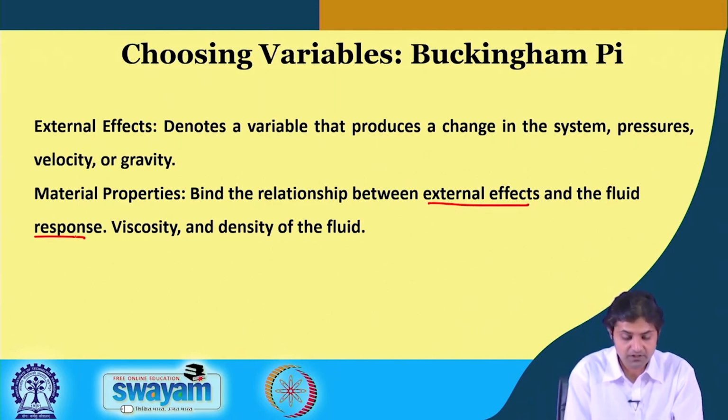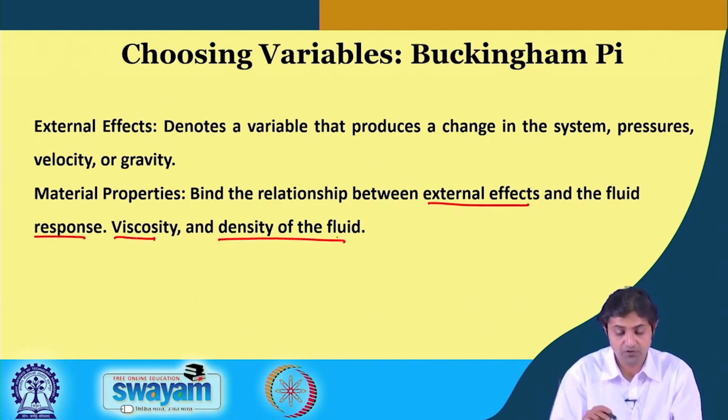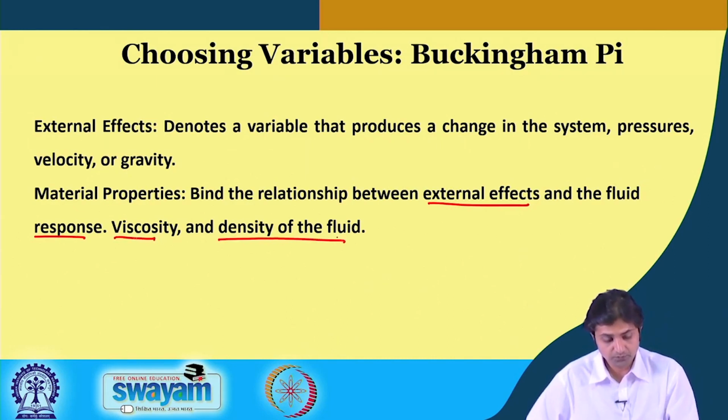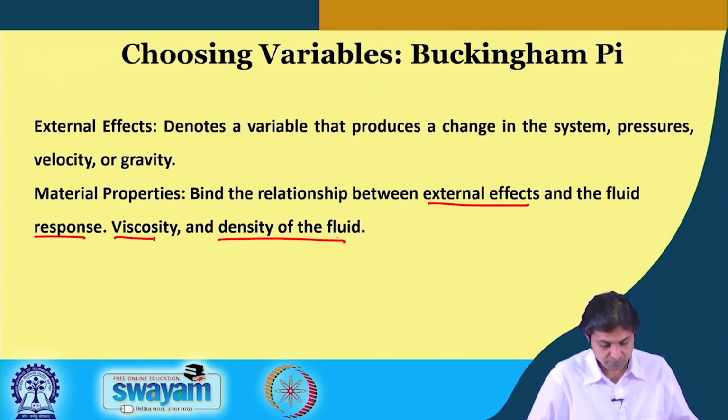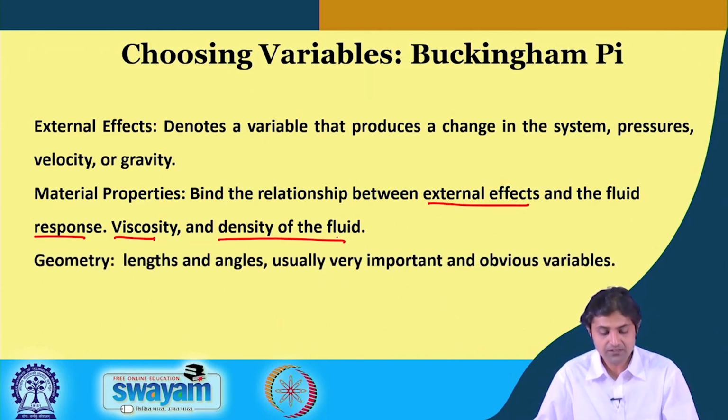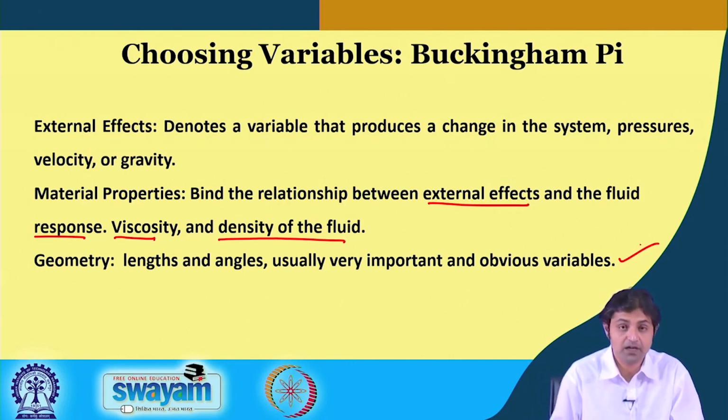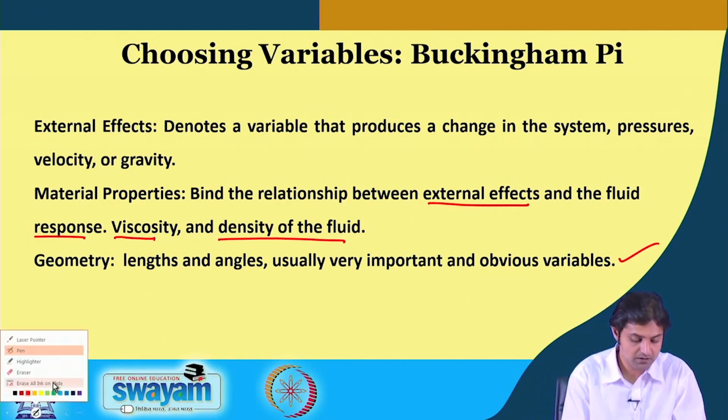For example, the viscosity and density of the fluid can be listed under material properties. Geometry is the lengths and angles, usually very important and obvious variables. These are the most common ones. You cannot neglect that. For example, the diameter of the pipe in our case.